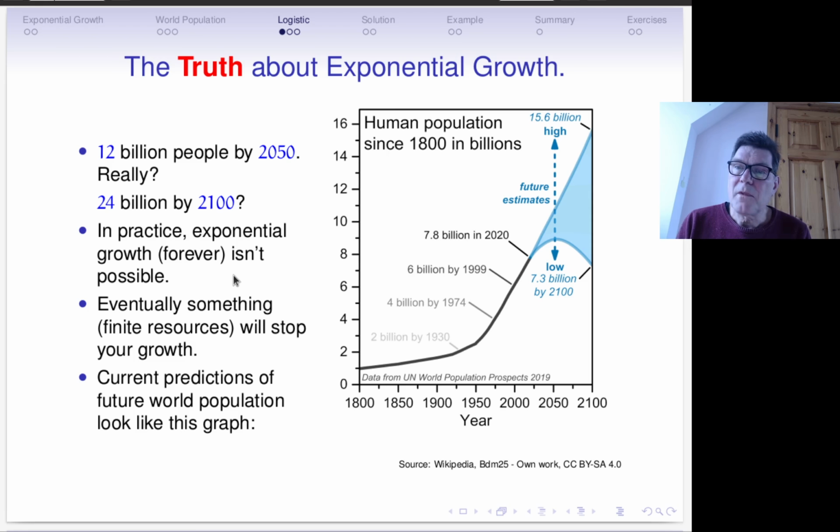And so the next step for us will be to refine the model and take into account that the description of growth as being proportional to the current size is too simple once these limited resources are reached.